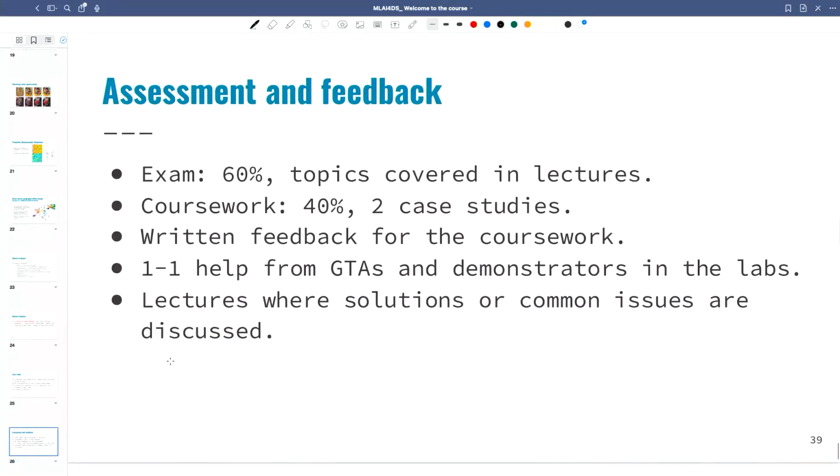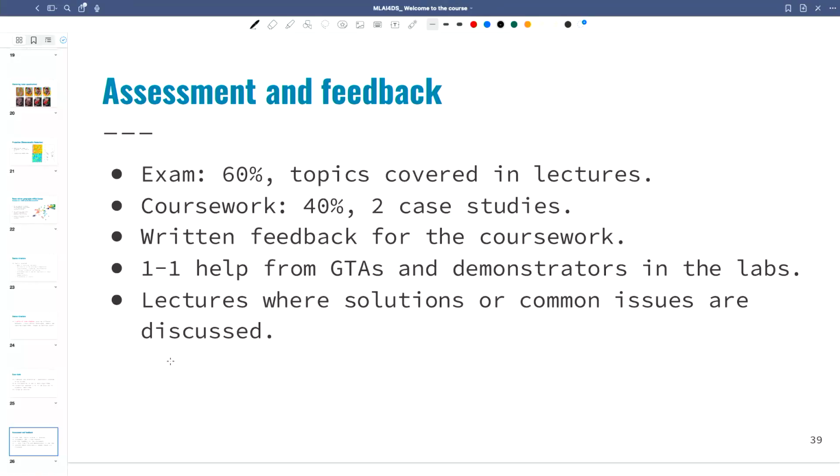So the assessment is exam-based, of course. Exam, 60% is exam, 40% is on top of coursework, 2 pieces, 20% each. We're going to have written feedback for the coursework. You have one-to-one help from GTAs, demonstrators in the lab.